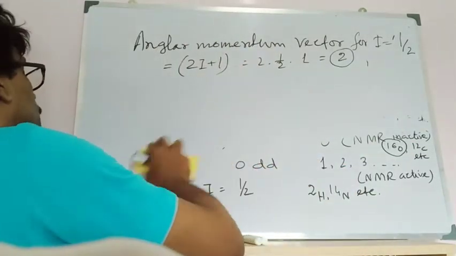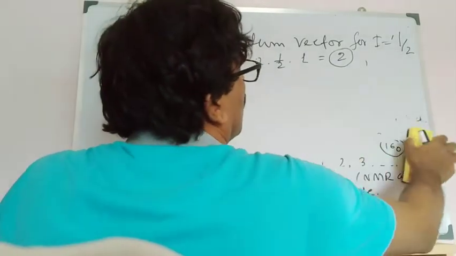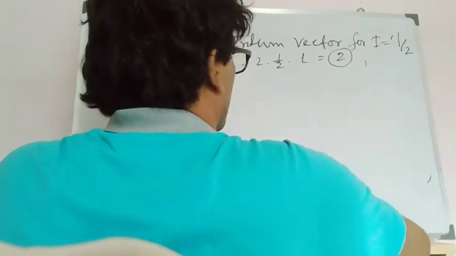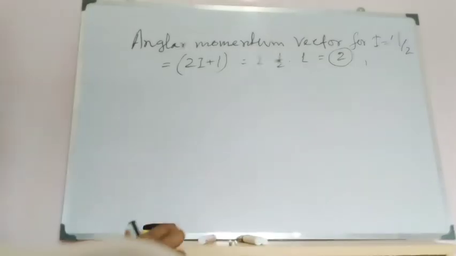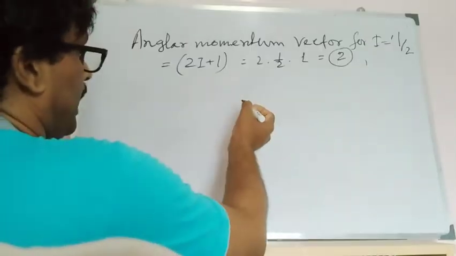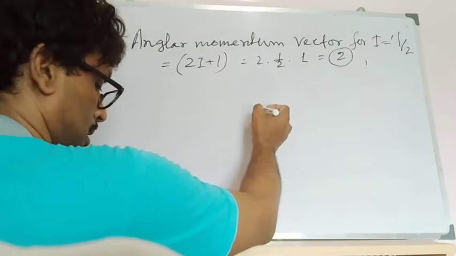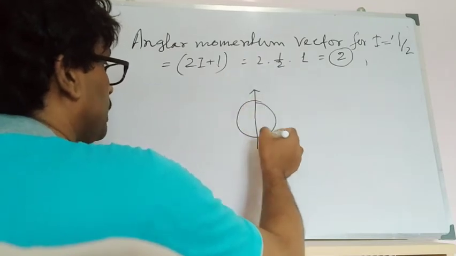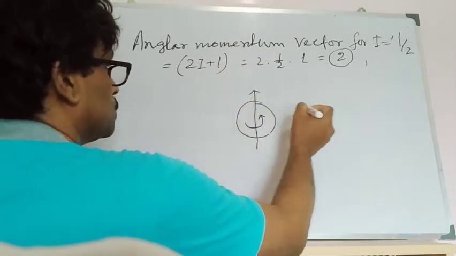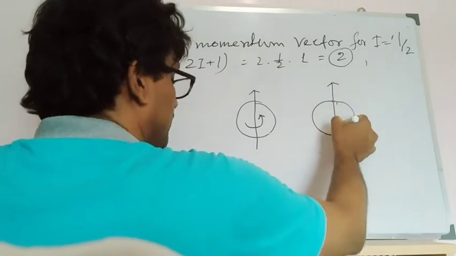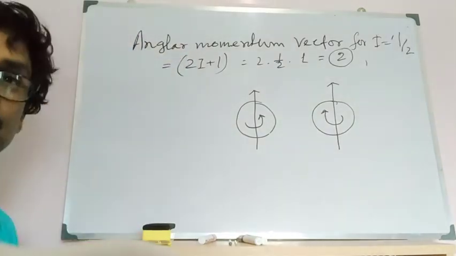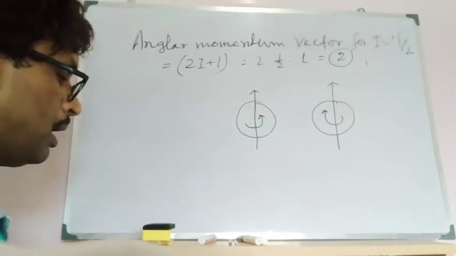There are two energy states possible for a nucleus with I equal to 1/2. In the presence of a field, one nucleus, that is one spin, may rotate in this direction while another rotates in the opposite direction. In this way, one is in the lower energy state and the other in the higher energy state.